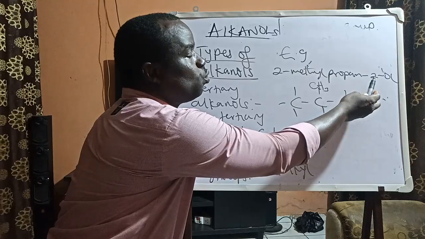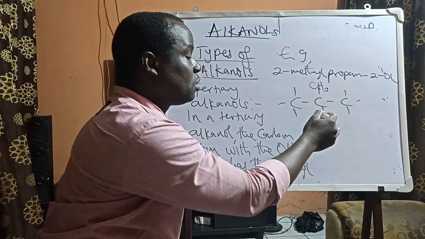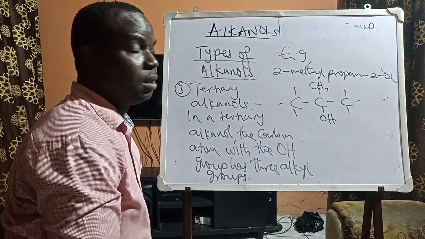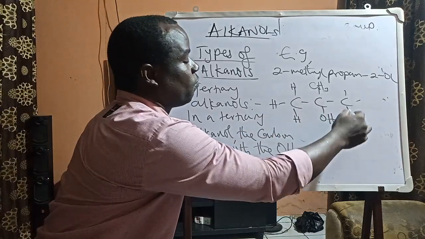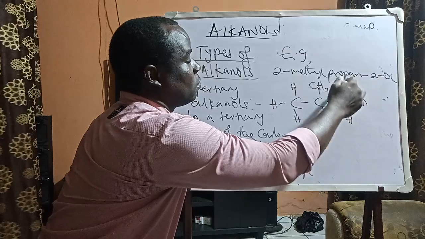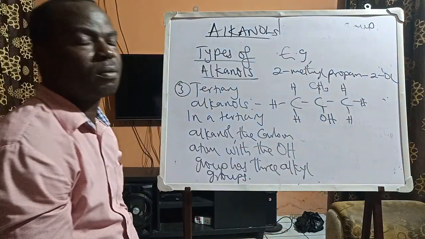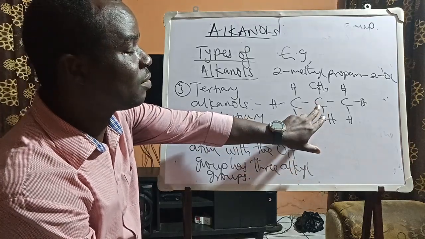Then propan 2 ol means the OH is on carbon number 2. So I put it in. Okay. Now the rest will be hydrogen. What does this tell us? Look at the carbon atom that has the OH group. It has three carbon atoms.